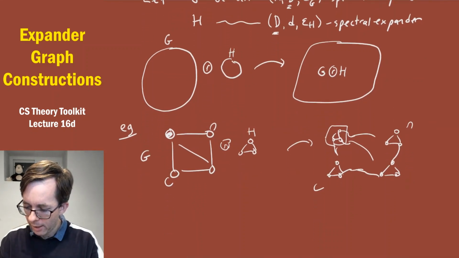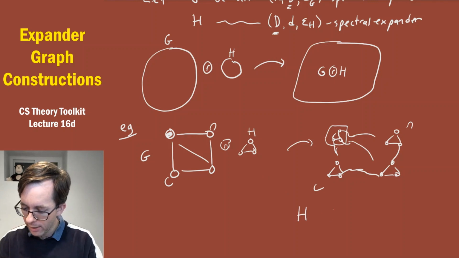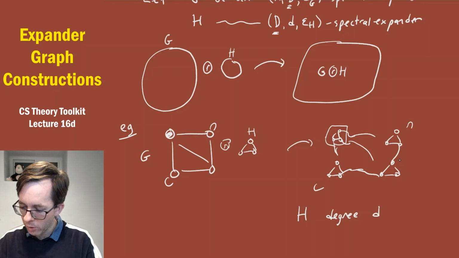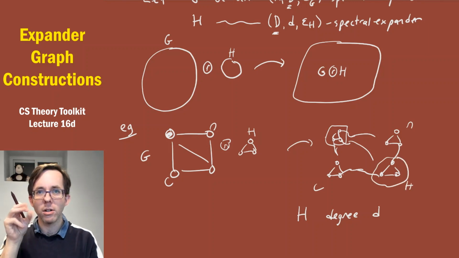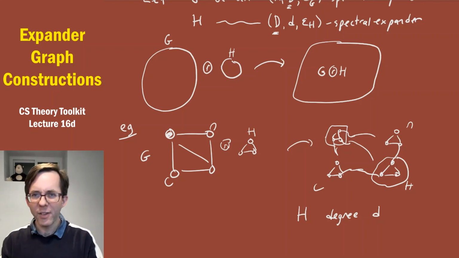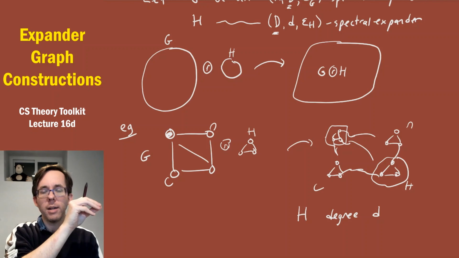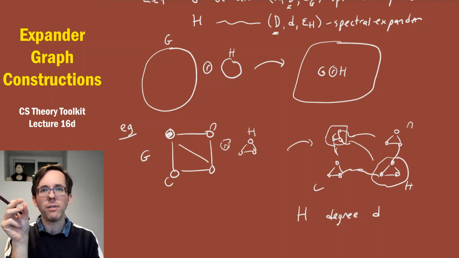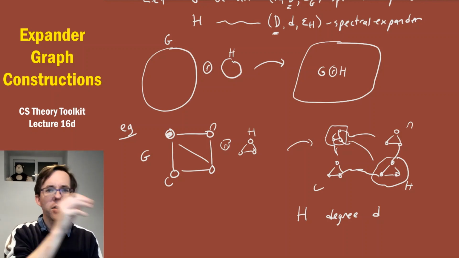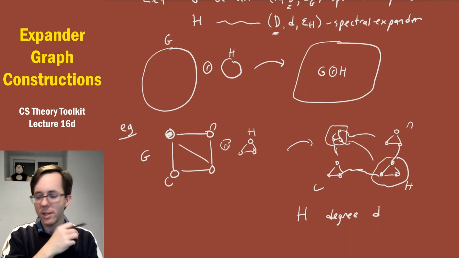In H, the degree is little d. So in each one of these copies of H, every vertex has d internal neighbors. And instead of having each vertex have one external neighbor, you make it have d parallel edges as its external neighbors.